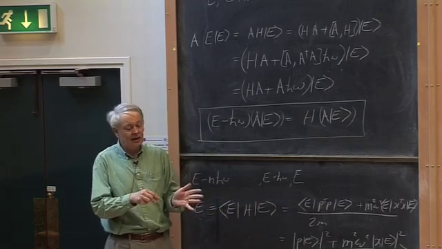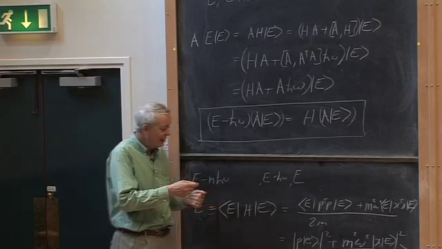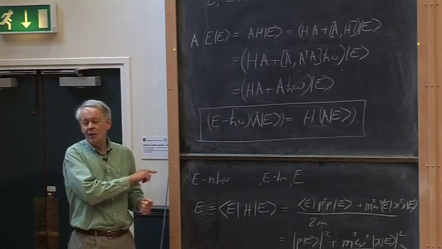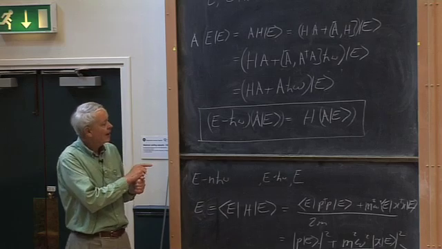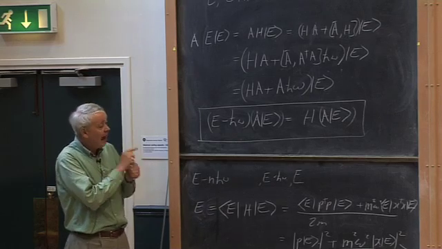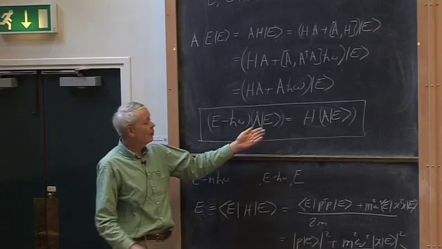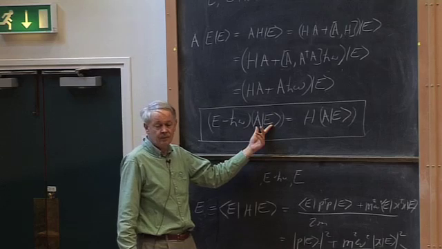Since it's logically impossible to go on creating states of lower and lower energy, this chain of results of applying extra factors of A has to stop somewhere, and the only way it can stop, since this equation is true, is by this thing becoming 0.